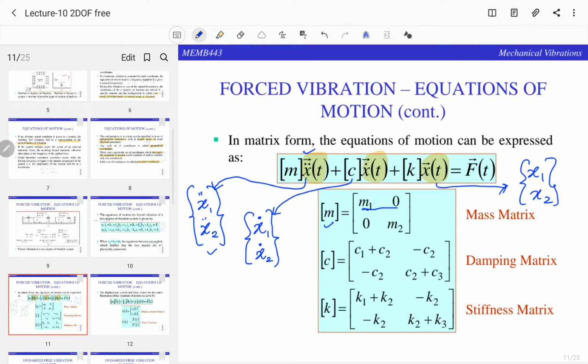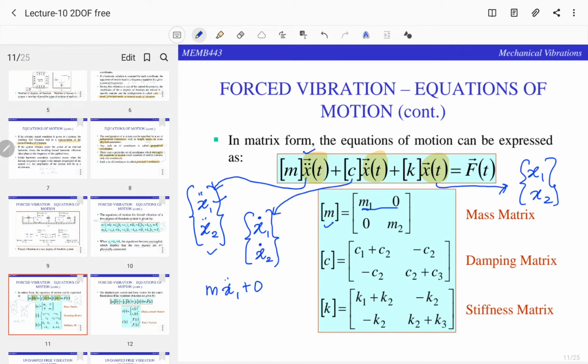So each of these elements you need to multiply by x double dot 1. So you have m1 x double dot 1 plus 0. Okay, so the first expression you will get m1 x double dot 1 plus 0, and then another equation, another line.